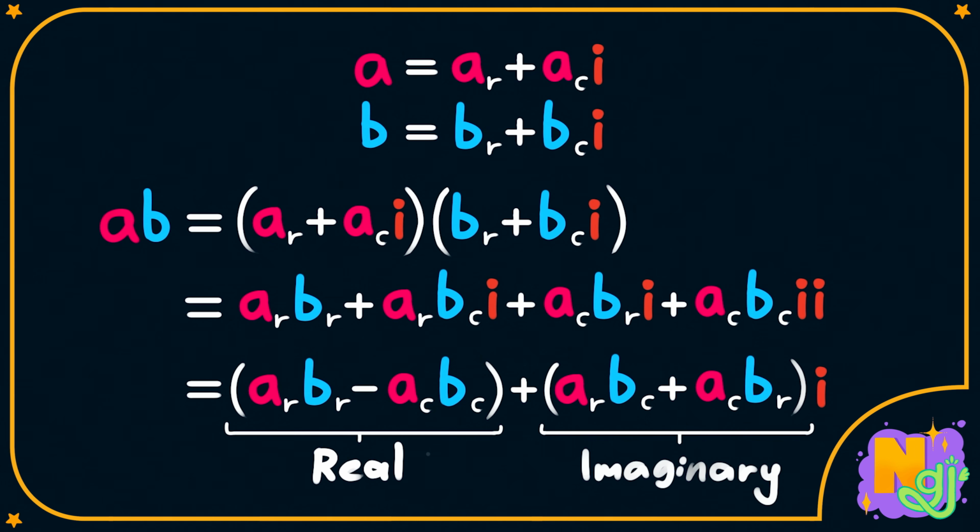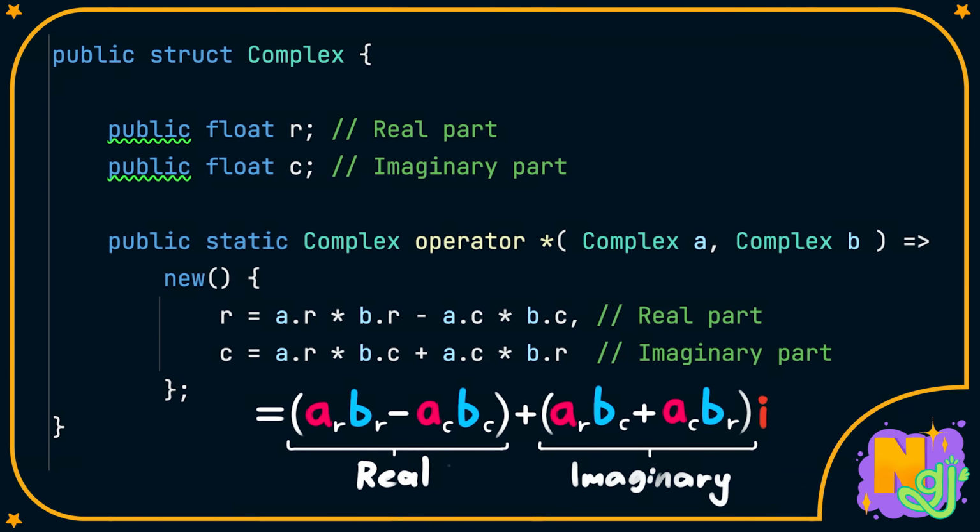OK. So, and we can just implement this in code. There's nothing stopping us from doing that. Because I remember when I was reading about this, when I was learning about this, I was like, OK, but how do you represent i in code? Turns out you don't actually do that. You don't have i in your code.